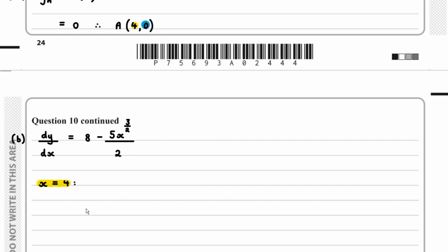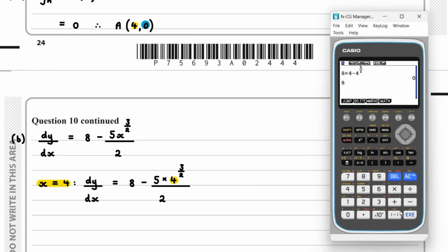Now, when x equals 4, dy over dx, that's equal to 8 subtract 5 multiplied by 4 to the 3 over 2 over 2. So let's work this out. We have 8 subtract 5 times by 4 to the power of 3 over 2 over 2, which is negative 12.